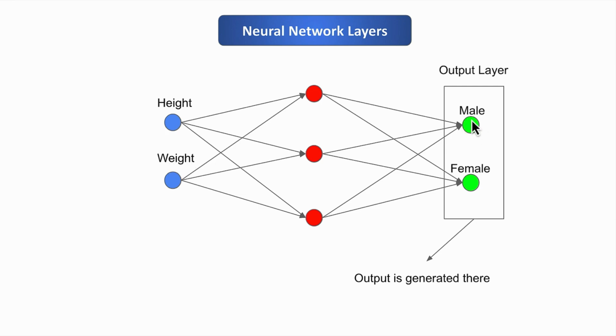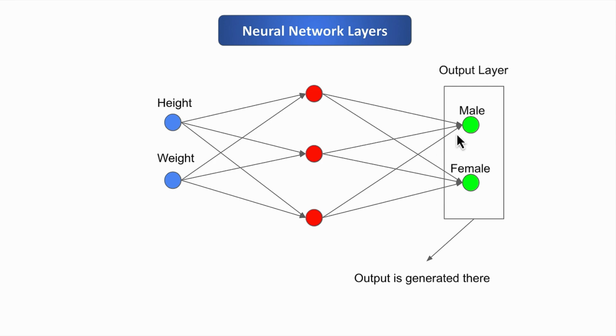So here, if the value for this male neuron is greater, then our prediction will be male. And if the value for this female neuron is greater, then our prediction will be female. So these are the three types of layers inside a neural network. At this point, there will be a lot of questions in your mind, and hopefully they will be answered by the end of this lecture.